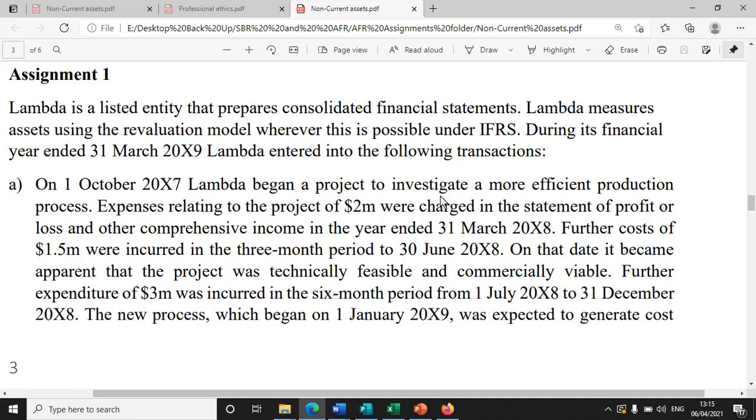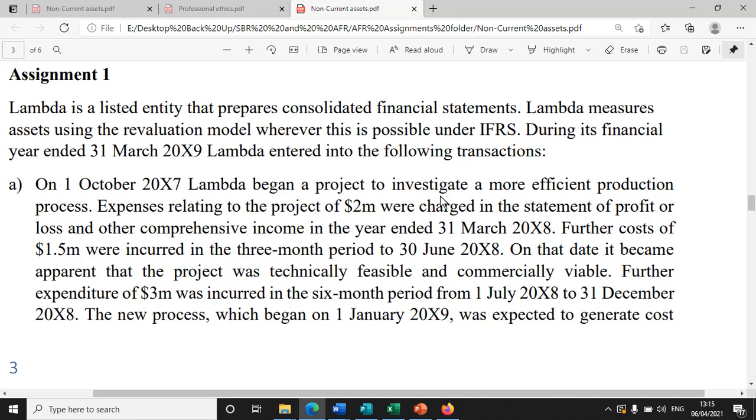Further costs of 1.5 million were incurred in the 3 months period to 30th June 20X8. On that date, it became apparent that the project was technically feasible and commercially viable. Further expenditure of 3 million was incurred in the 6 months period from 1st July to 31st December.